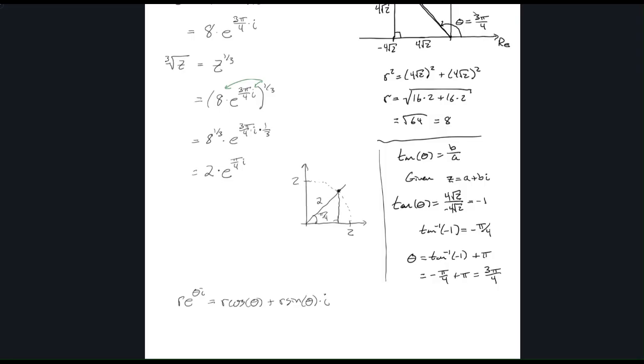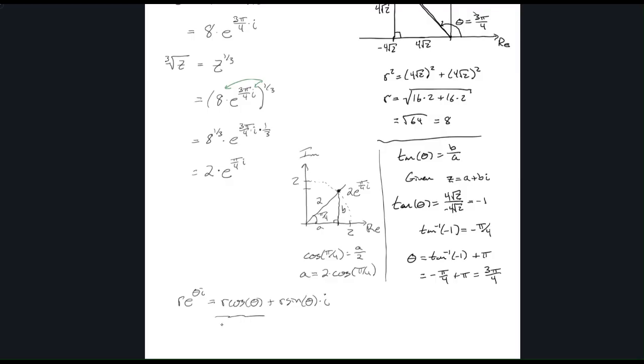And so if we want this real and imaginary value for this location, then we can use some right triangle trig here, where the cosine of pi over 4 is the adjacent a over the hypotenuse of 2, or a equals 2 times the cosine of pi over 4.